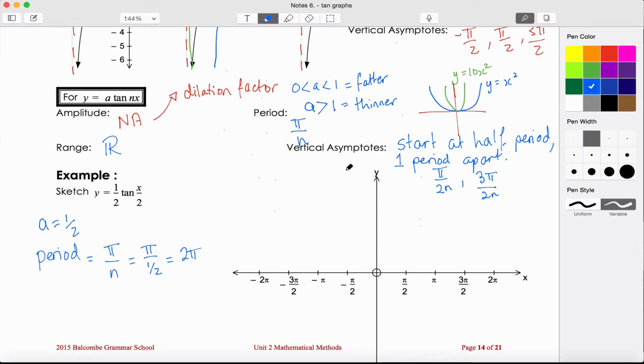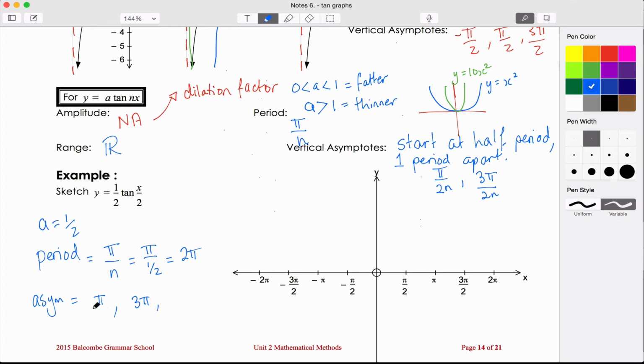So our vertical asymptotes are going to start at half a period. So they'll start at half of 2 pi, so start at pi, and then they are 1 period apart. So the next one's going to be pi plus 2 pi, 3 pi.